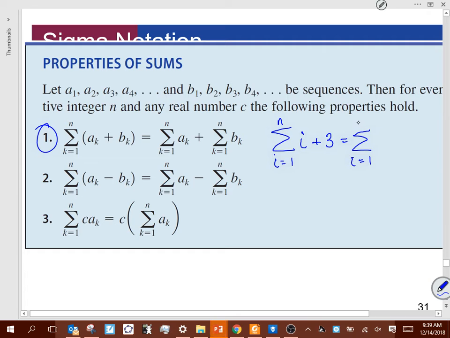I equals 1 to n of just I plus I equaling 1 to n of just 3. Okay? We can break that summation up into 2 individual sums. Does that make sense?